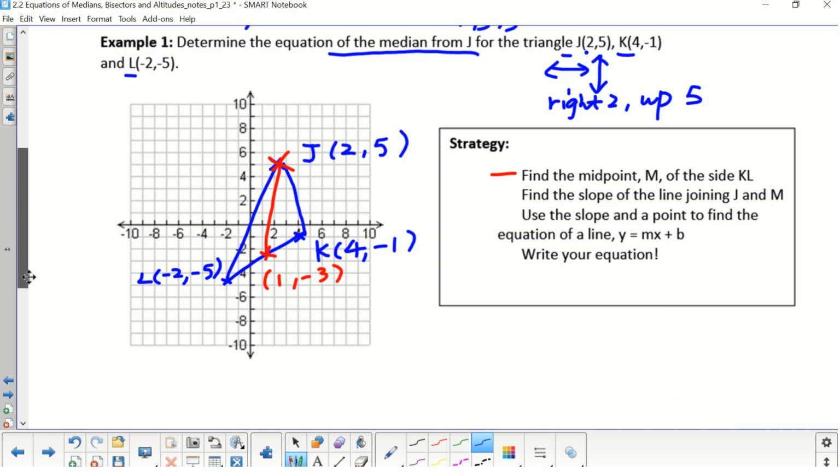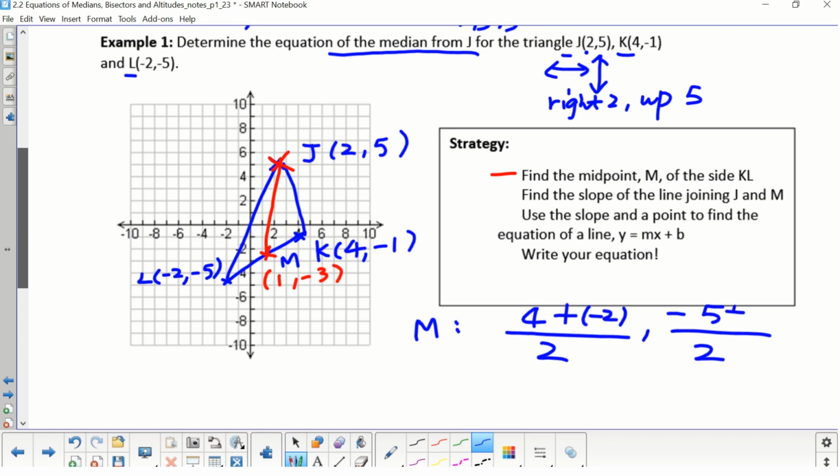So the midpoint, we name it M. So M is adding the two numbers and dividing by 2. This is simple integer adding and subtracting. So 4 plus -2 gives you 2, divided by 2 is 1. -5 plus -1 is -6, divided by 2 is -3, okay?